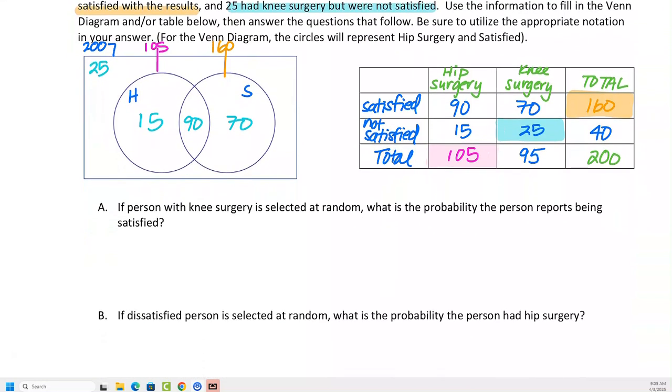Now, could I also do percents? Yeah. If a person with knee surgery is selected at random, what's the probability the person reports being satisfied? Okay, is there a given on this one? What's the given? Person with knee surgery, right?